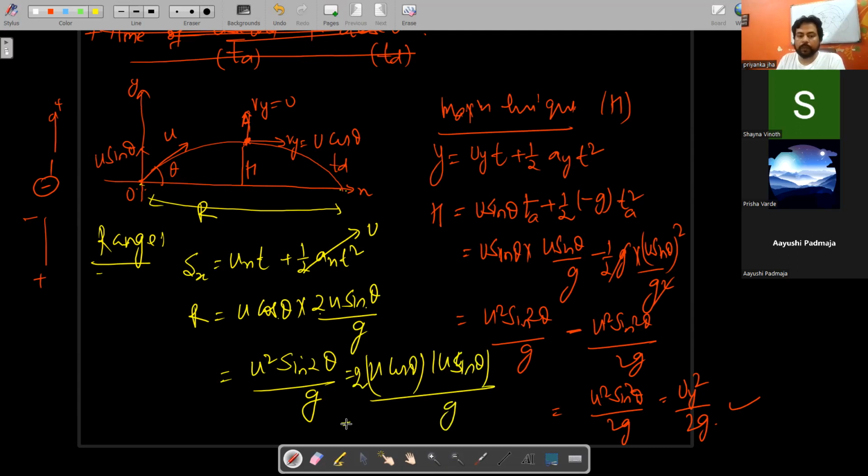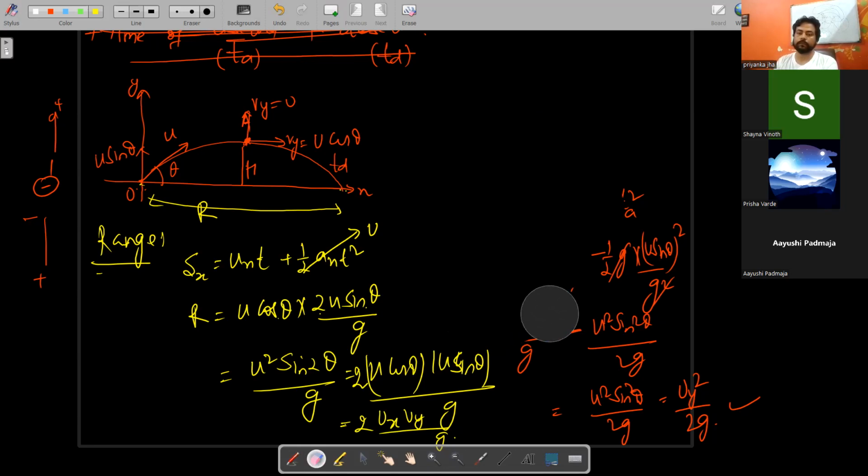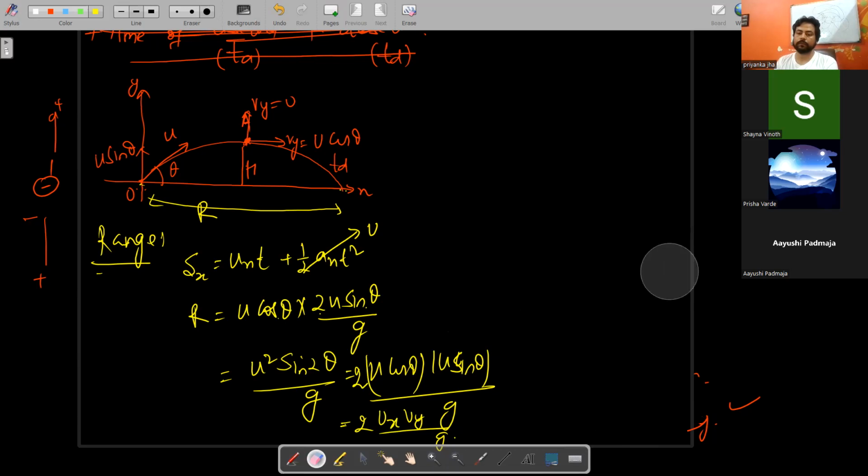This u cos theta is the x component of initial velocity, and u sine theta is the y component of initial velocity, so it is 2 ux uy upon g. Note it down.